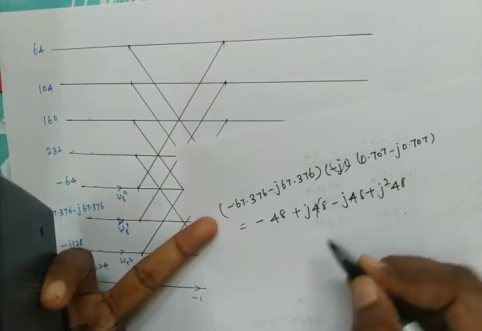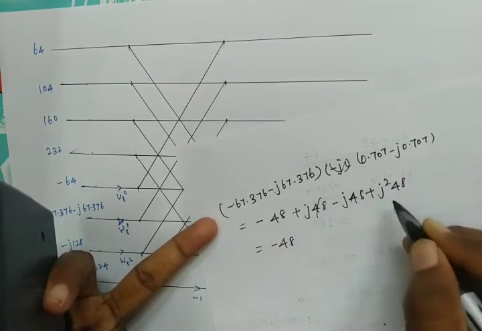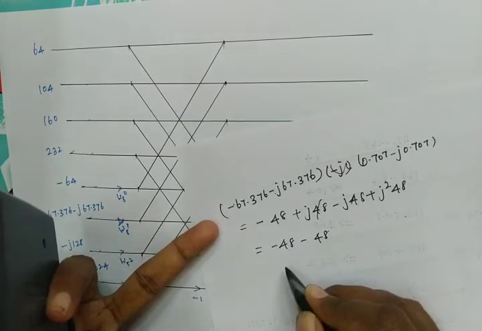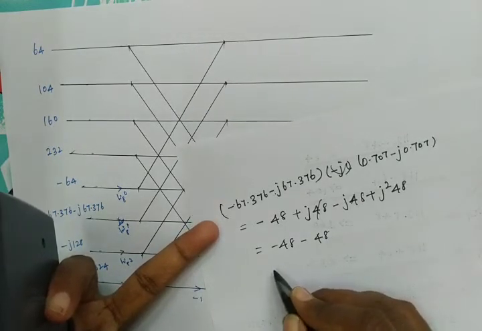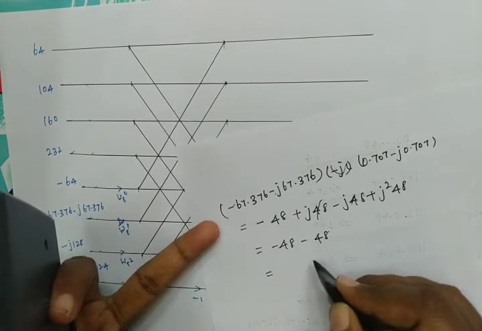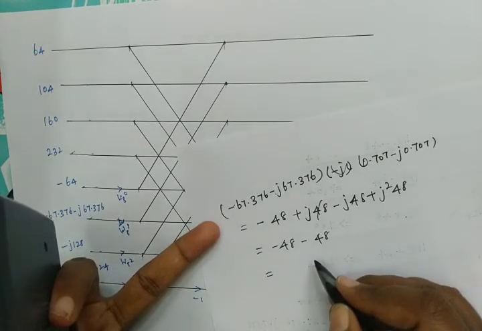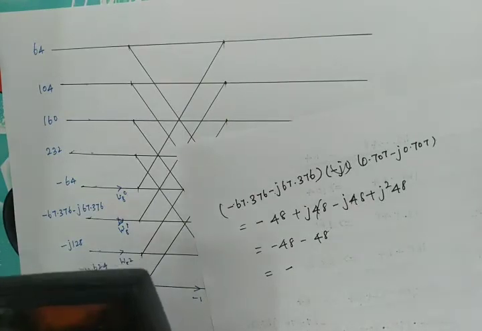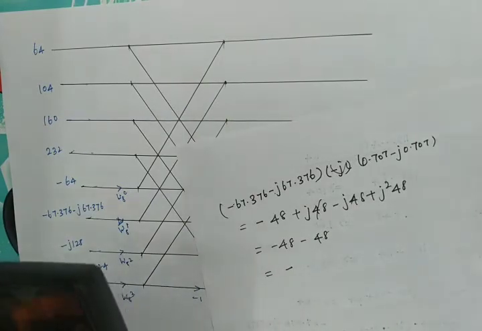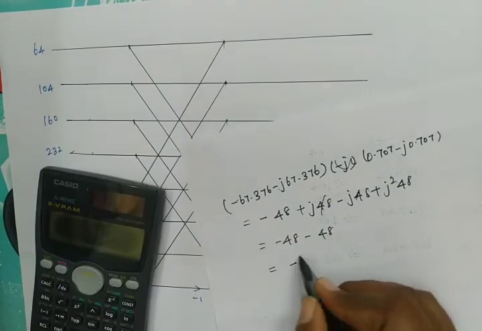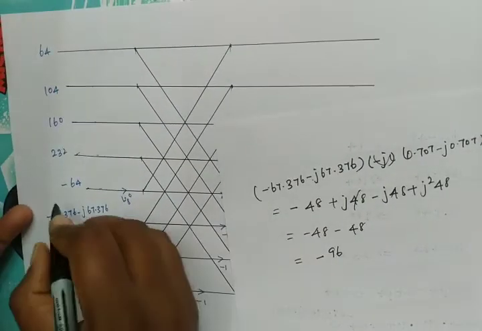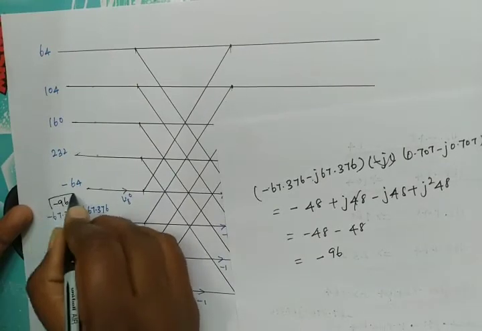So this plus and minus gets cancelled, minus 48, and here it is minus 48, j square is minus 1. So we will have minus 48 plus 48, 96. So we have to use minus 96 here.